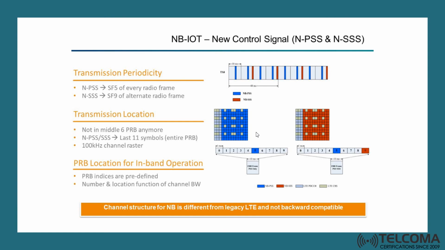So the non-anchor can lie anywhere in the LTE cell. There is no such restriction for non-anchor. We will see in detail what anchor and non-anchor are in further coming sessions of the course. So the channel structure is different for NB-IoT from legacy, and it is not backward compatible with LTE.